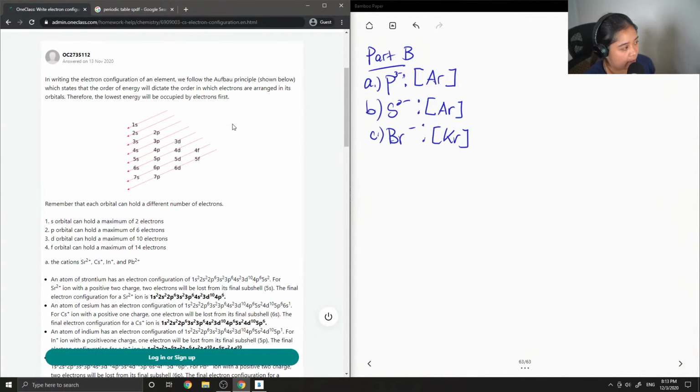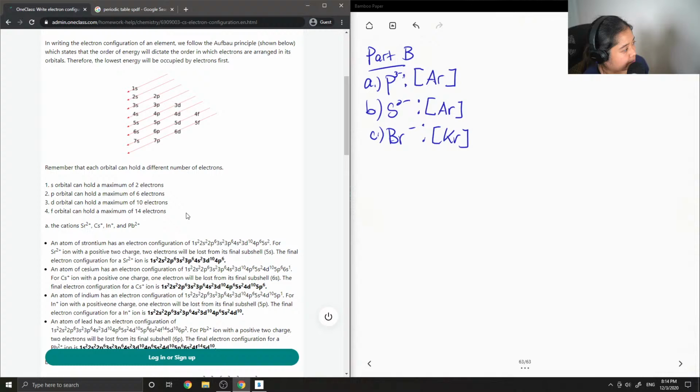So another method of writing the electron configurations is to write them in increasing numerical order. So they start with the s and they go up to 7, and then they align with 2p going up to 7, and then 3 going down to 6, and then 4, 5f.